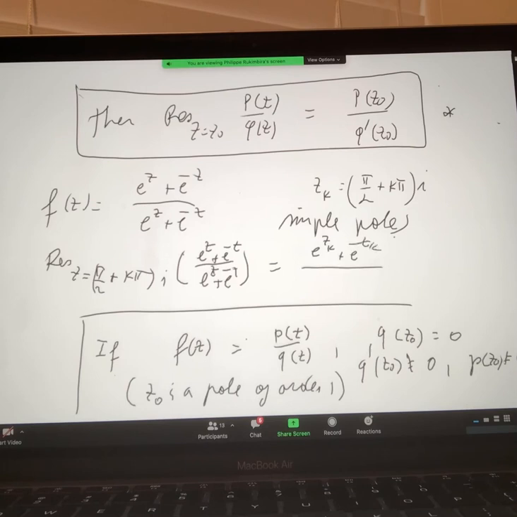What happens when we take the derivative of e^z plus e^-z? We get e^z minus e^-z. This is what the residue is going to look like, and we just need to simplify it.